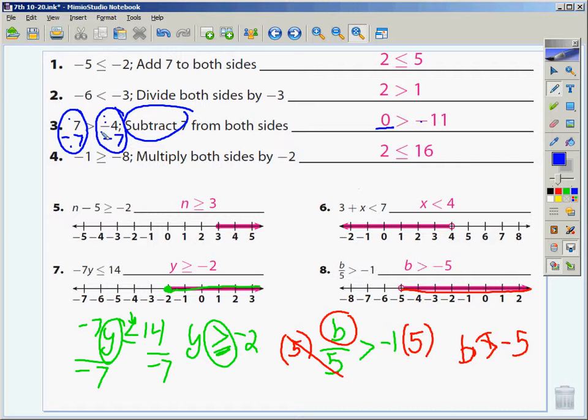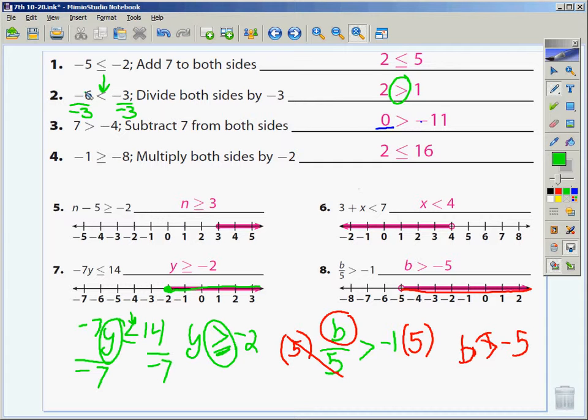Number 2. Number 2 says I'm going to divide both sides by a negative 3. I have to remember that if I'm dividing by a negative, what's going to happen to the inequality symbol? I have to flip it, which is why you'll see the inequality symbol is written as greater than.